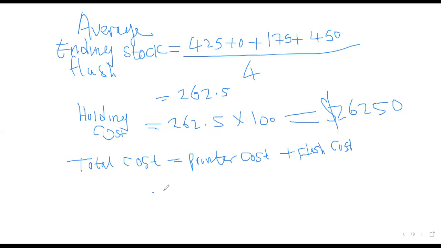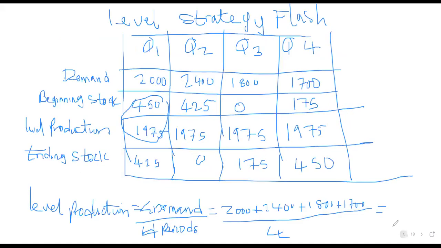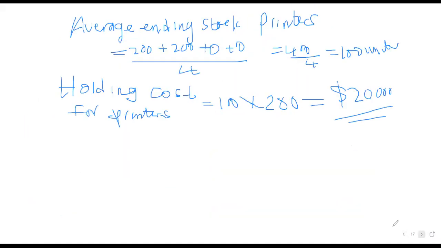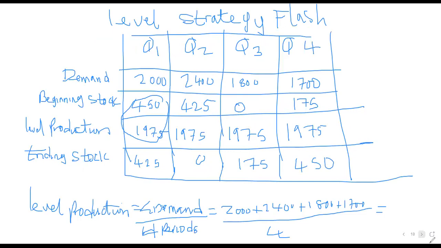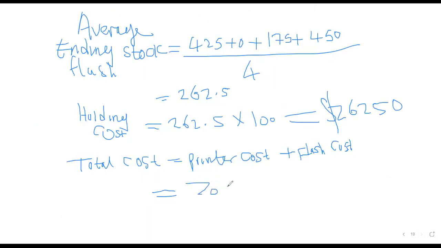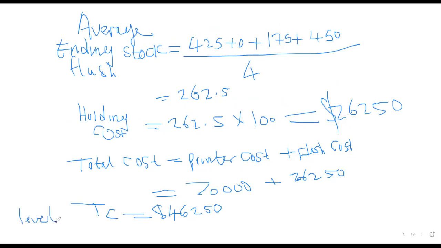The printer cost was 20,000, then the other cost was 26,250, and our total cost is 46,250 dollars. So this is the cost of the labor capacity.